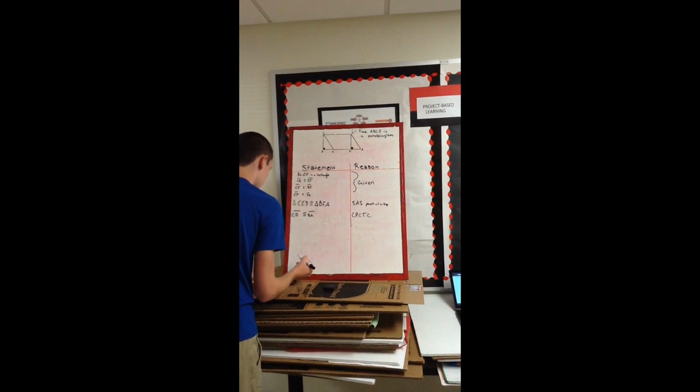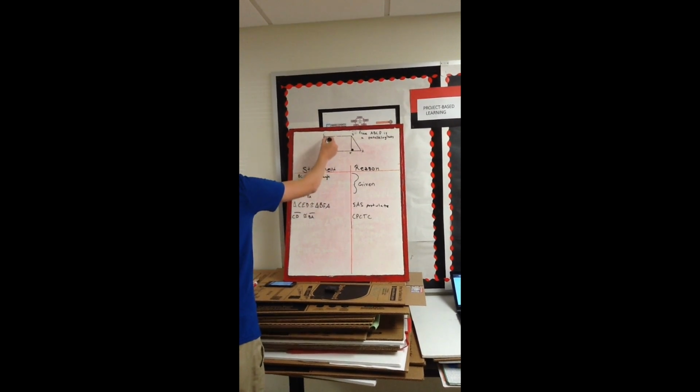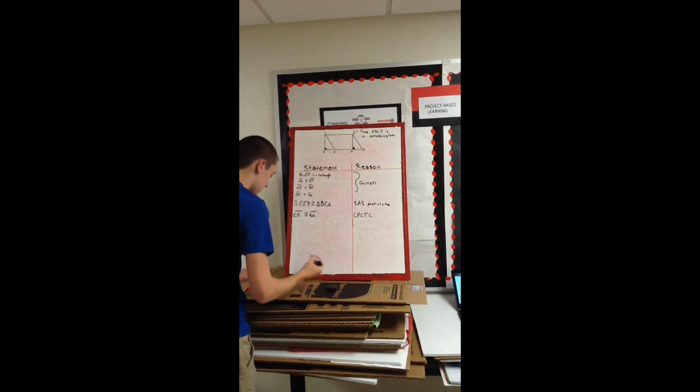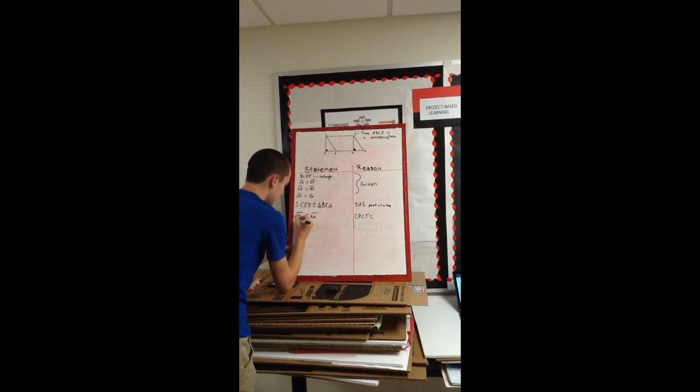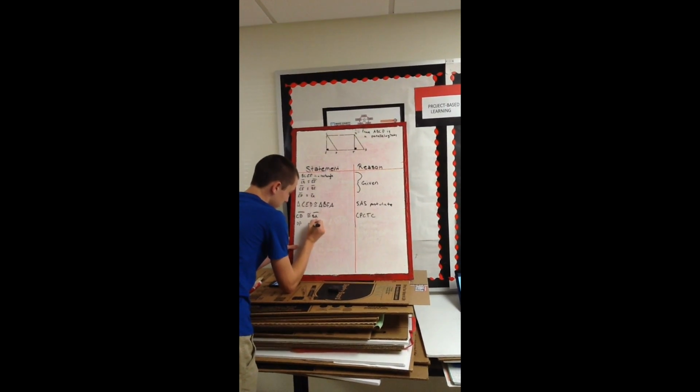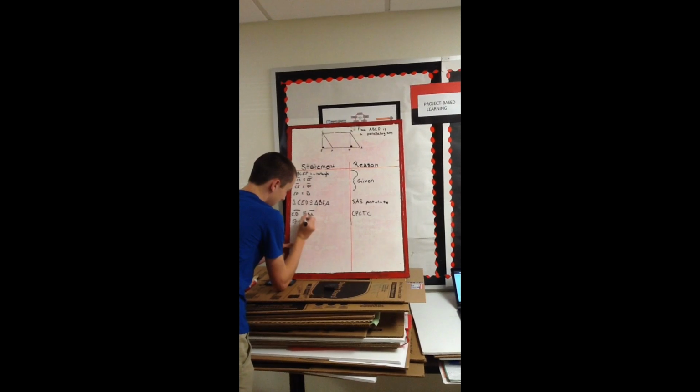So we have these two lines are the same. That'll come into play later. And then BF, which we need for this next step, is congruent to DF because that's given.